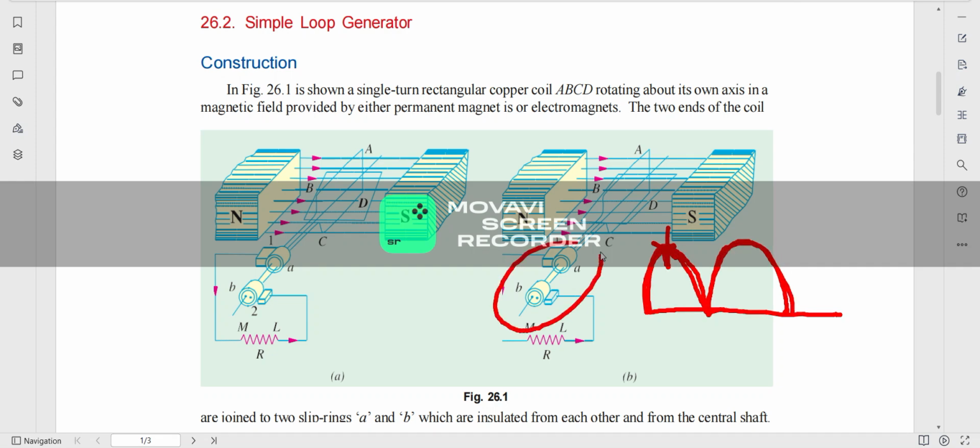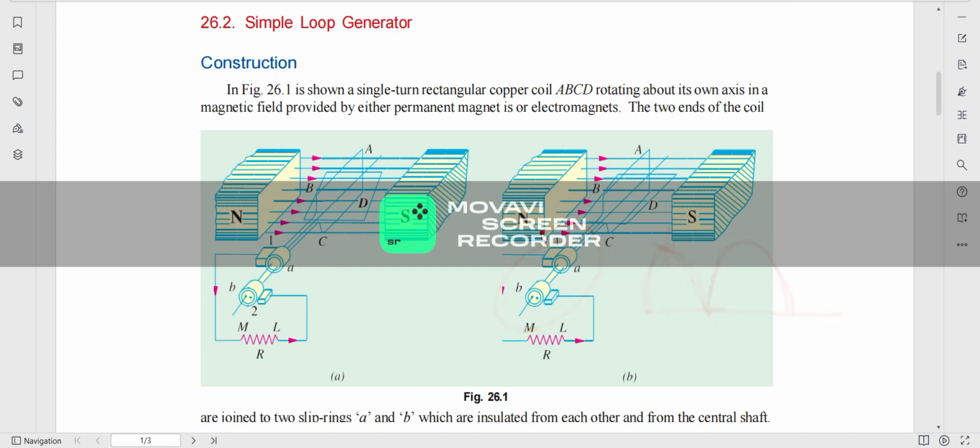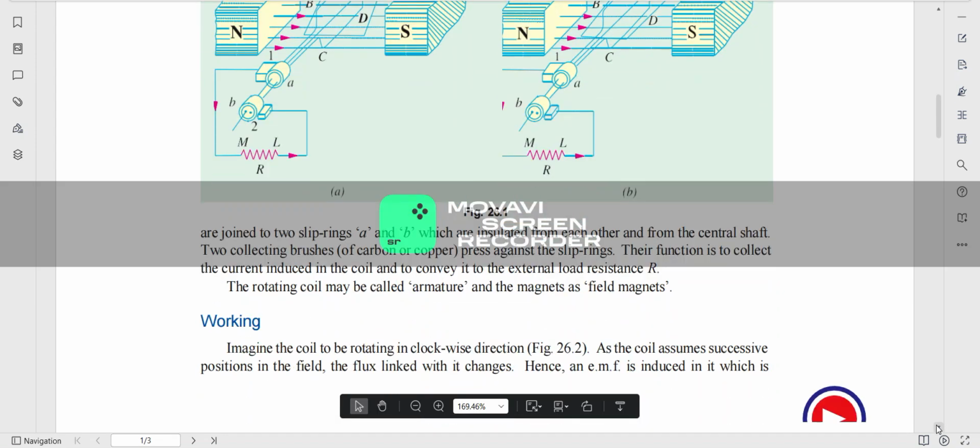Because here we connect the split rings in such a way that they act as a commutator, and this changes the generated voltage from bidirectional to unidirectional value. So the commutator acts in position. This is the actual working principle of the DC generator.